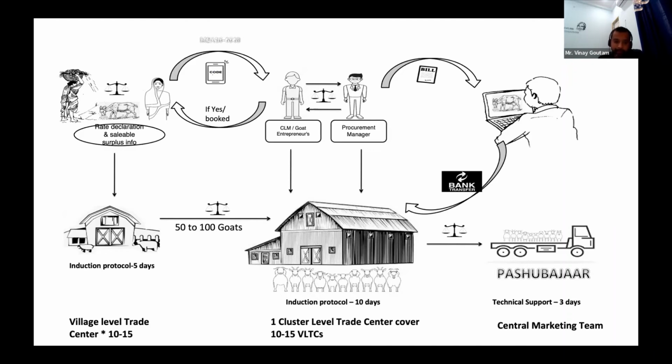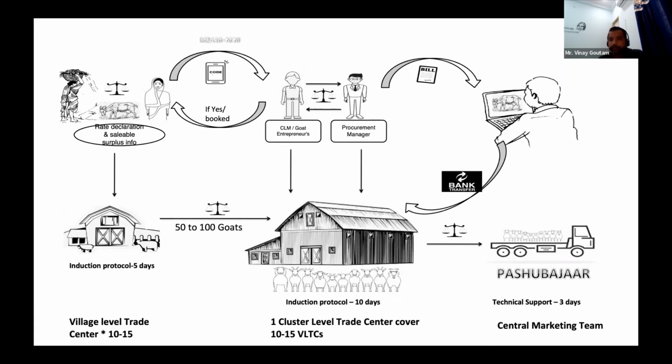When we have a surplus of around 50 to 100 goats across different village level trade centers, they are shifted to the cluster level trade center, which has a capacity of 50 to 100 goats at a time.